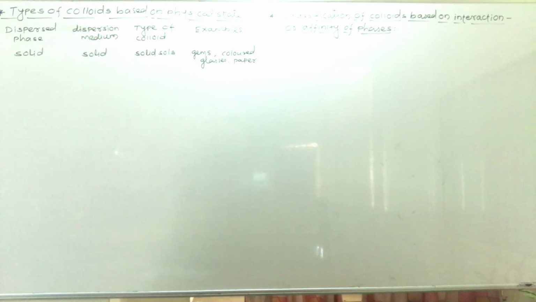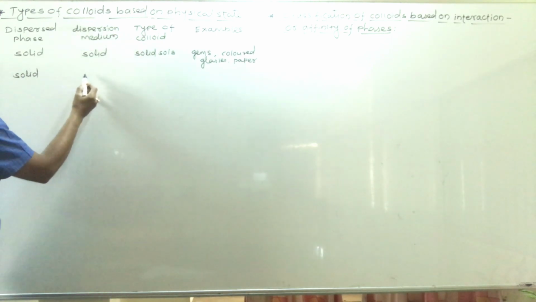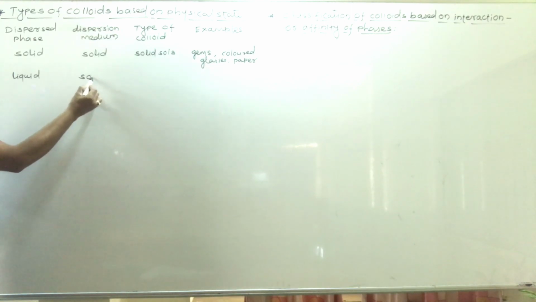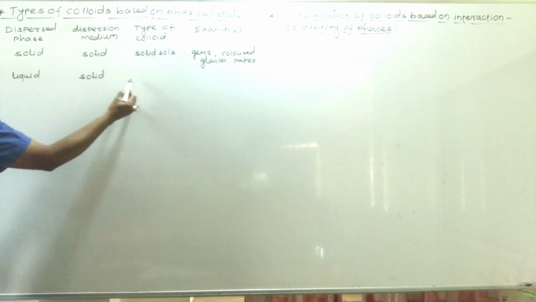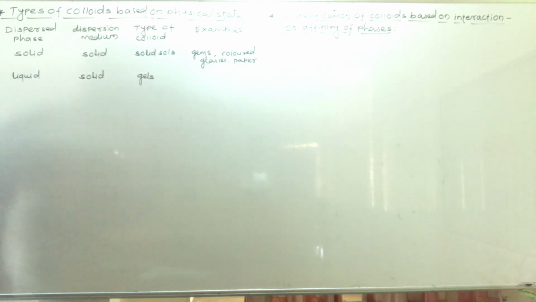Then second type of colloidal solutions are solid in liquid. Solid in what, that is the liquid, or we will take this one, that is liquid in solid. Liquid in solid type of solutions are called gels.